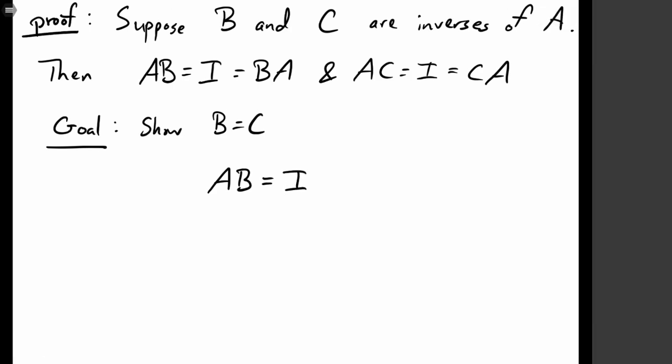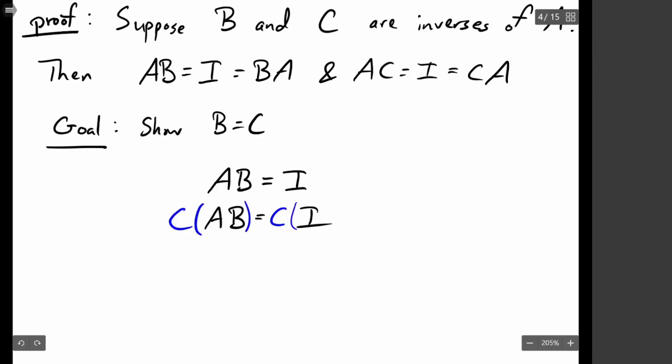And then we're going to take both sides of this equation, and multiply it by the matrix C. Well, C times the identity, if you remember what the identity matrix does, that's just going to be C.